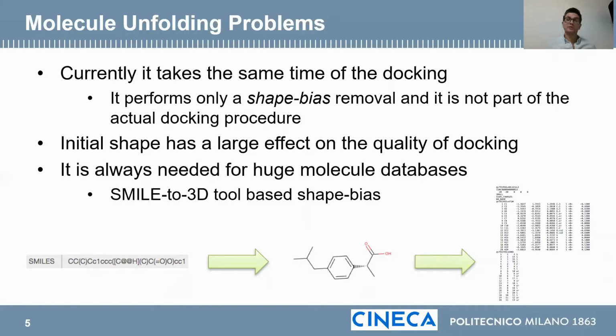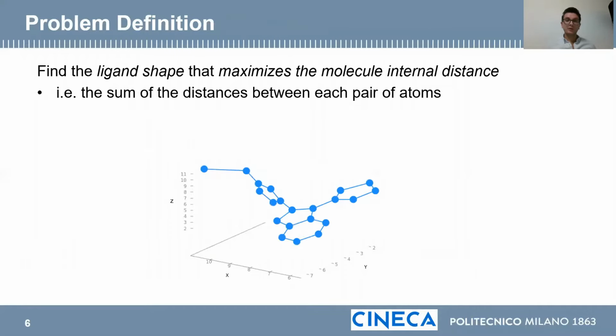We are using a tool called Smile2 3D, which is taking the mol2 file and translating the information into a 3D model. This model, though, is not completely expanded, so we have to perform some operations on it. Right now, our main metric for the expansion is just the total sum of the internal distances.